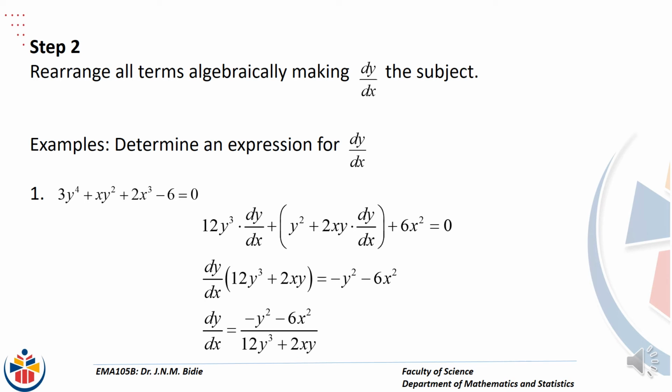So the derivative of 3y to the power 4 would be 12y to the power 3, multiplied by the derivative of y with respect to x, because y is a function of x. It's the same as what we said, that y is equal to u of x. So we differentiate y with respect to u and then u with respect to x. That's what we're doing here.